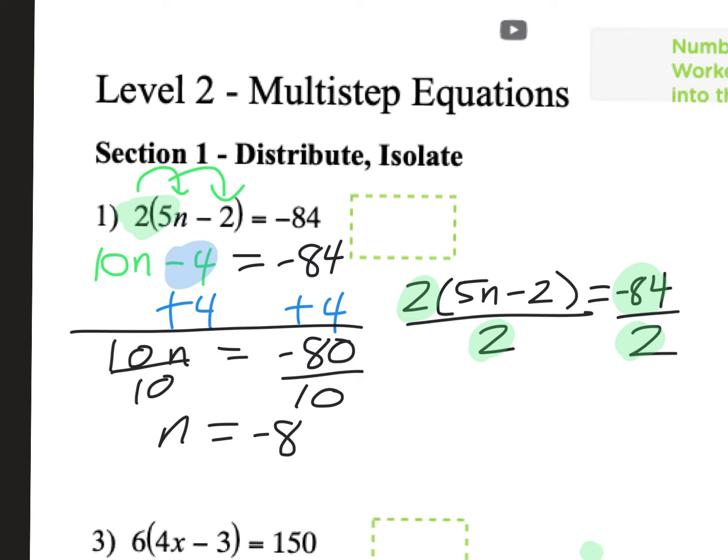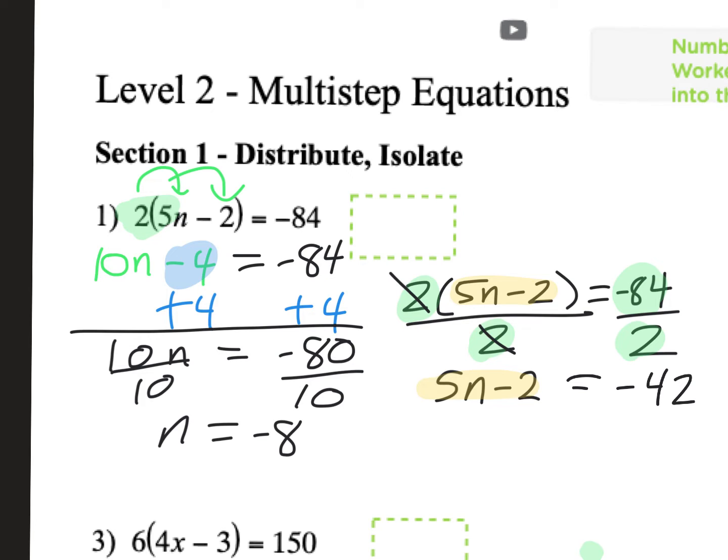That 2 is going to cancel, and it's going to leave you with the 5n minus 2 still there. Then on the right-hand side, 84 divided by 2 would give you negative 42. Now, I would not do that if, instead of 84, this were like 75 or something that's not an even number, because you know how I feel about fractions and decimals, and that's what it would create.